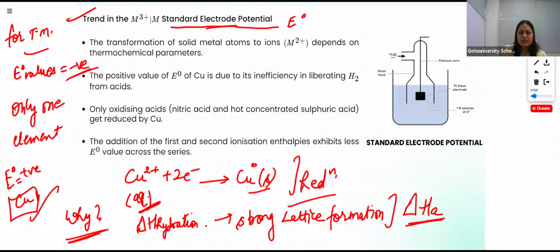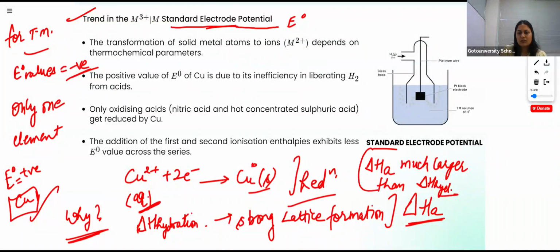So in short, the enthalpy of atomization is much larger than the enthalpy of hydration. This is the short answer to why copper shows a positive electrode potential: copper in aqueous form, showing reduction or having enthalpy of hydration, will form a strong lattice.